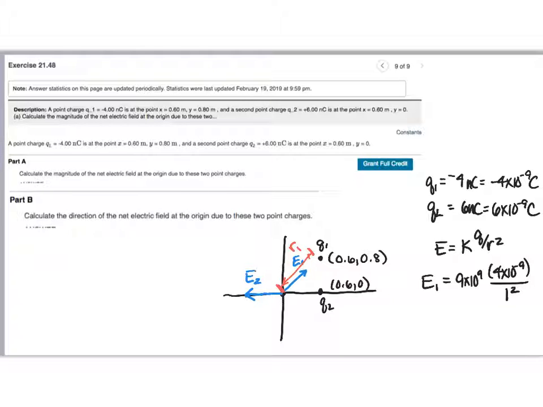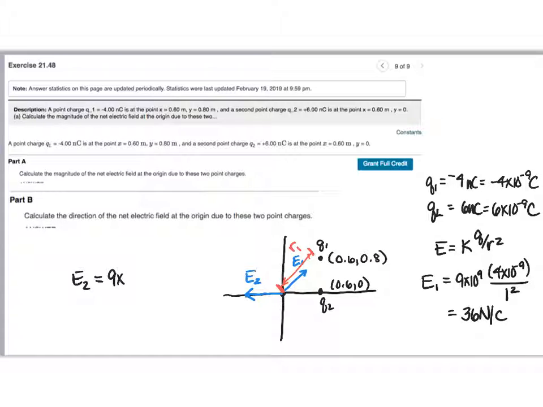Notice I didn't use the sign of the charge in this calculation, and the reason for that is because I already used the sign of the charge to determine the direction of the electric field. Now I just want to know its magnitude. And the magnitude that I got is 36 newtons per coulomb. I'm going to do the same thing over here for E2.